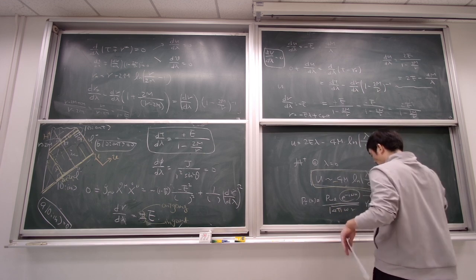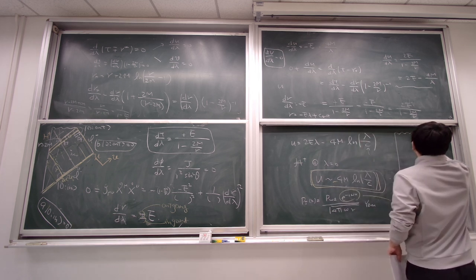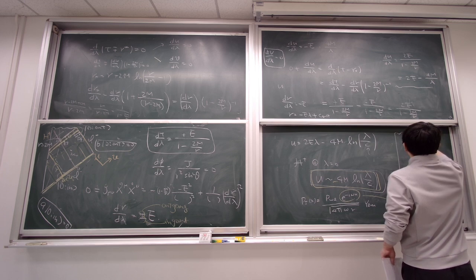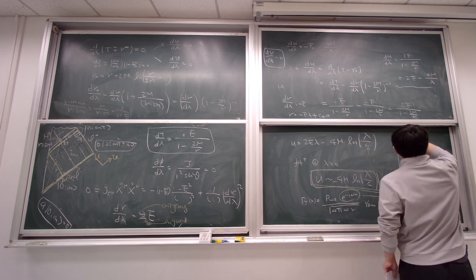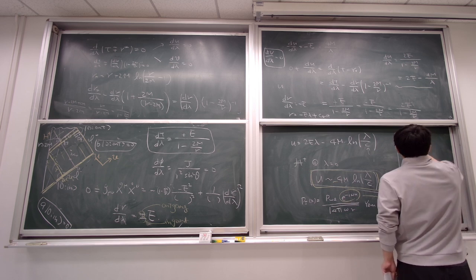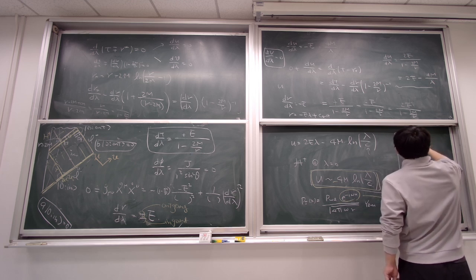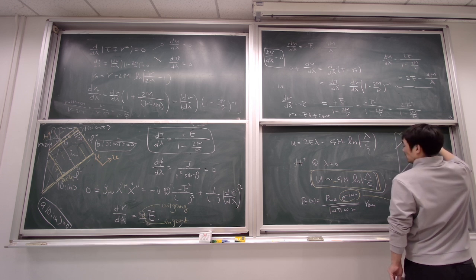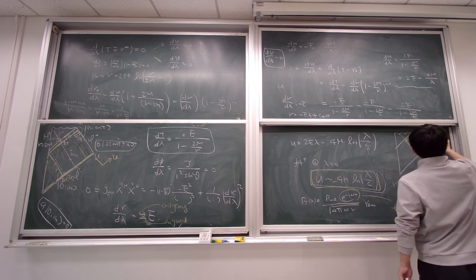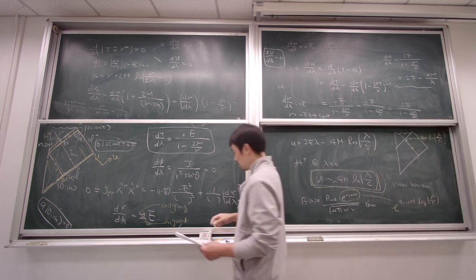From this calculation, we just consider the ingoing null object, and from lambda around this distance, u is around minus 4m log lambda over c. So that's what we saw from this calculation.